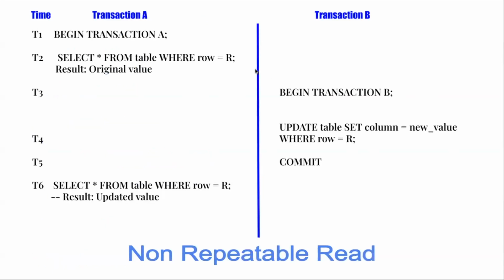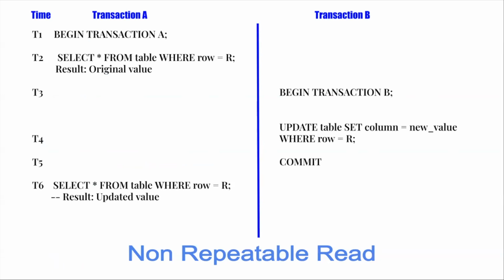Now let's look at non-repeatable read anomaly. Say transaction A begins at time T1 and at T2 you read a row R and you get some value. And then at time T3, another transaction begins, which is transaction B, and it updates the same row and same column, which is read by T2.